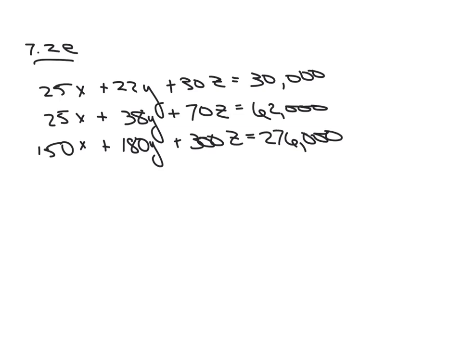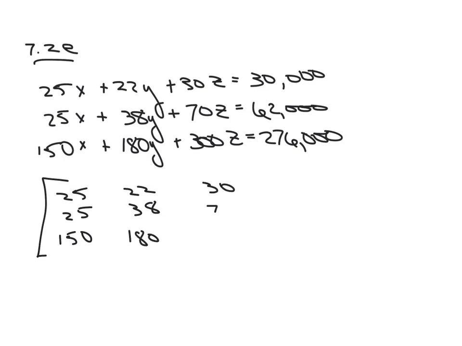Then if I were to write it in matrix form, I would get 25, 25, 150, so those are my x's, 22, 38, 180 for my y's, 30, 70, 300 for my z's, and 30,000.